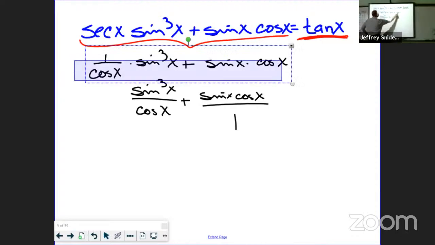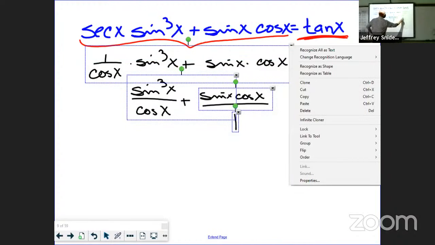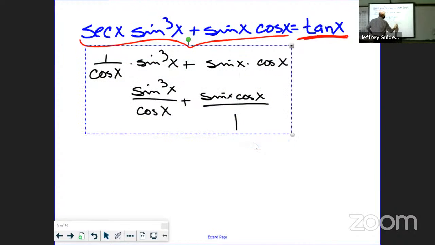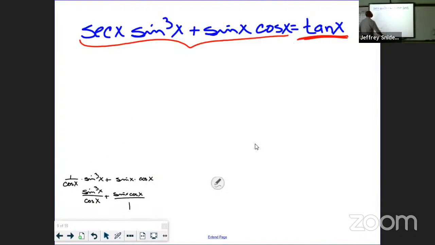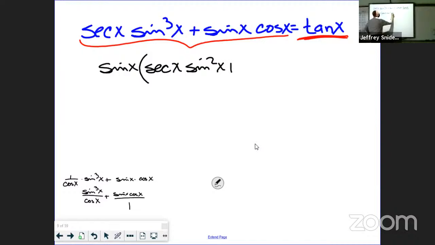Let me group this, collapse it, and we'll just put it here for right now. So you factored the sine out and went sine x times secant x sine squared x plus cosine x. Okay, that's an option. Nothing wrong with that.